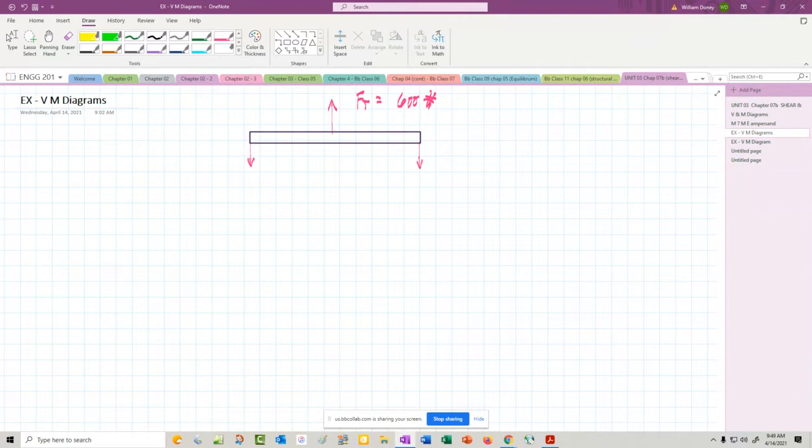So when it's put right in the middle, we'll make this 1.5 meters and this 1.5 meters, so it is in the middle, that we would put half at this end, half and half, which means we're going to have 300 pounds here and 300 pounds on that end. So that's going to be our beam.